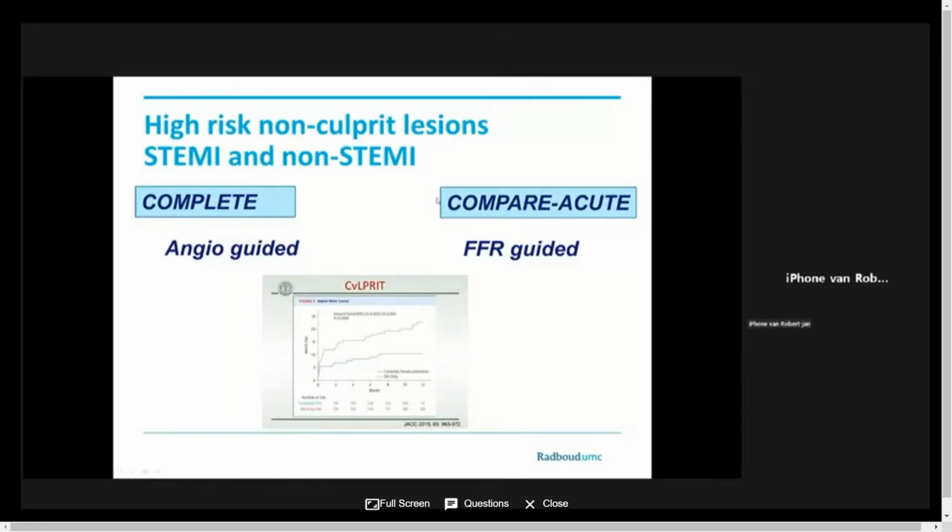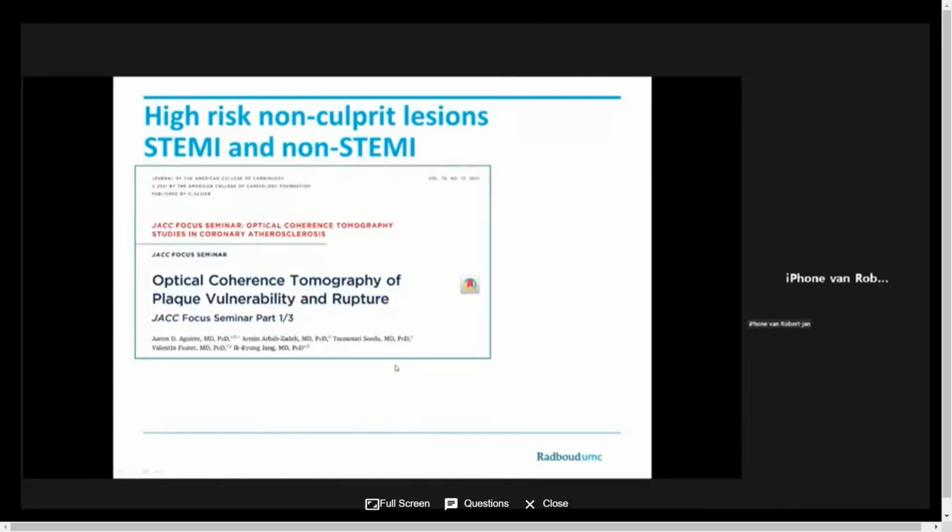But if you look at the COMPARE-ACUTE results, which used FFR, they still had quite some events which were not identified by the FFR. So the FFR might not, in the ACS patients for the non-culprit lesion, be superior to angio-guided. And I want to discuss that in some more slides.